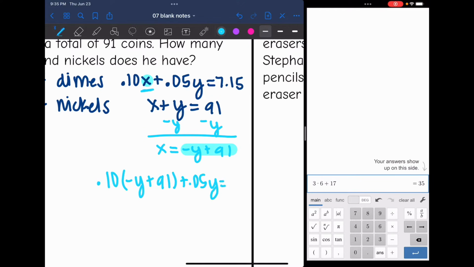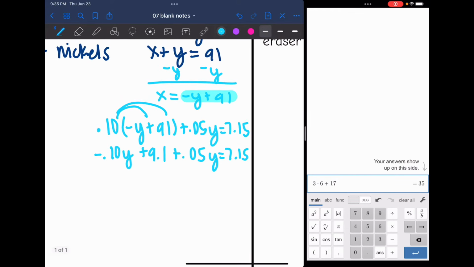0.05y equals 7.15. Okay, now we're going to distribute, and I get negative 0.10y, and negative 0.10 times 91 is negative 9.1, or positive 9.1, and then plus 0.05y equals 7.15.